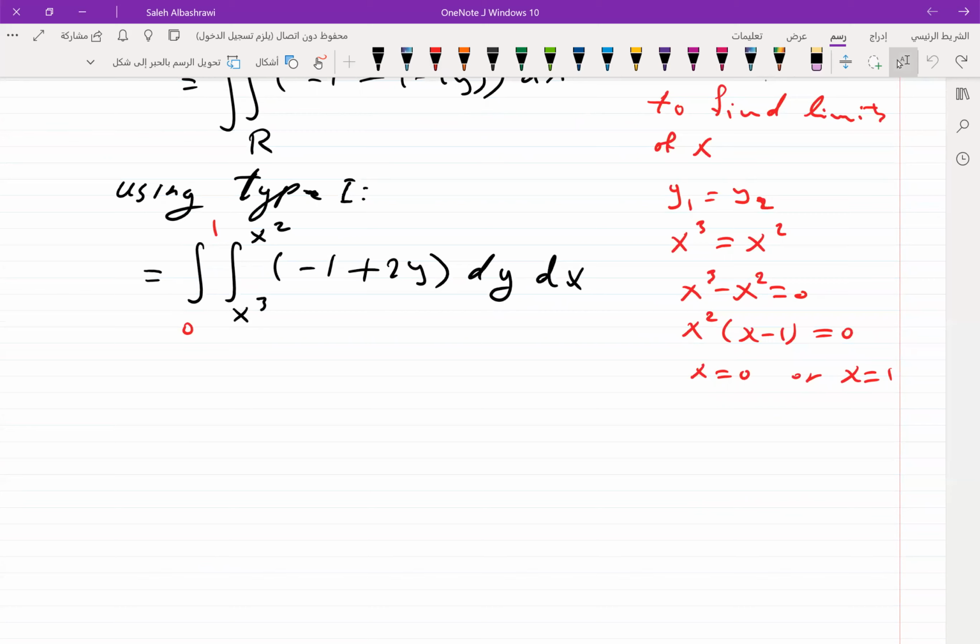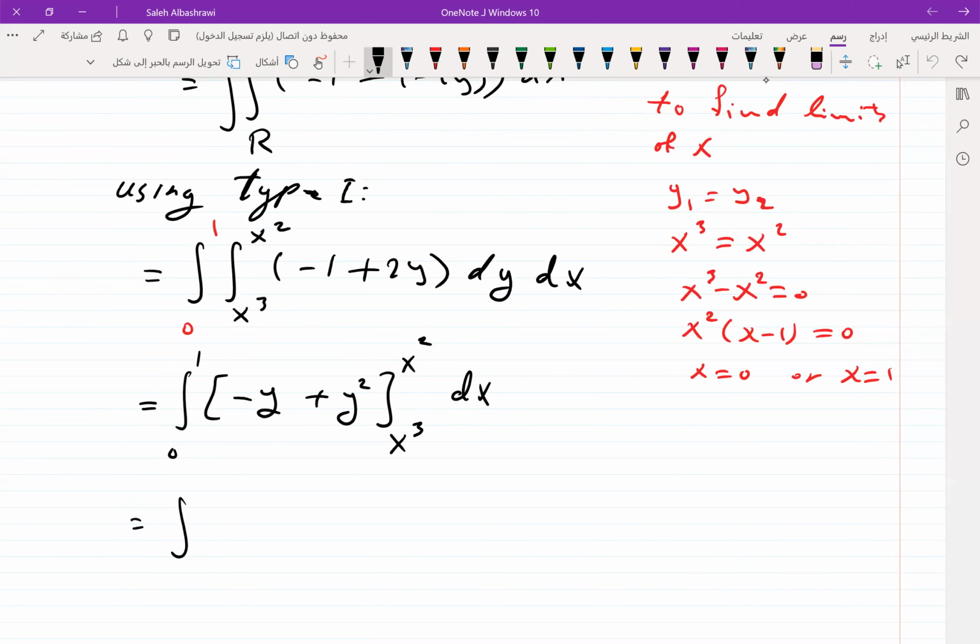Now to integrate with respect to y, I will have the outer limit of integration, keep it as it is outside. I will have minus y plus y squared from x to the power 3 to x to the power 2 dx, which is equal to the integration from 0 to 1.